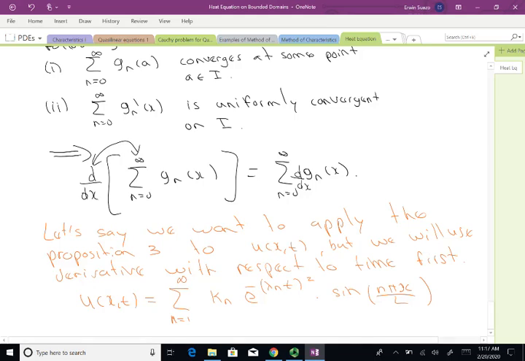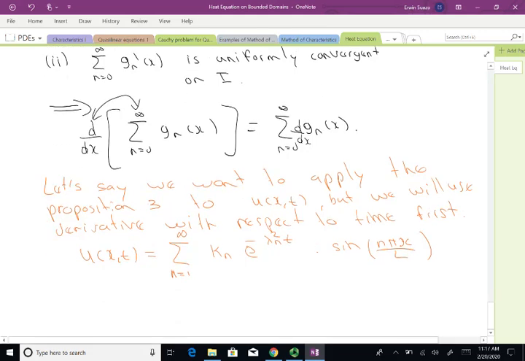Sorry, this is lambda_n squared t, right? Yes, e to the minus lambda_n squared t sine of n pi x over L. To be consistent, let's say here lambda_n, so lambda_n is n pi over L. It's just easier for me to remember that way.